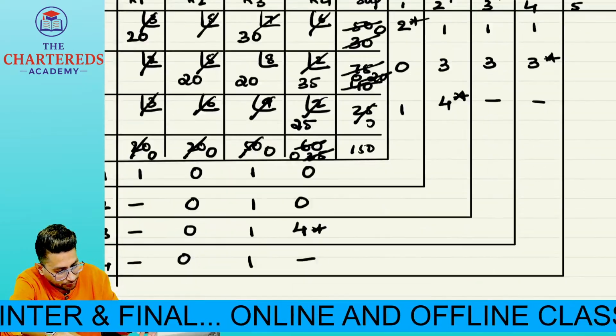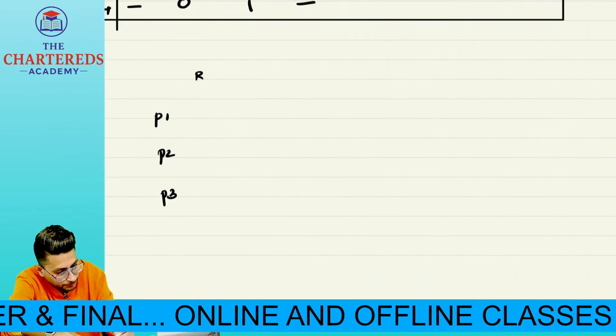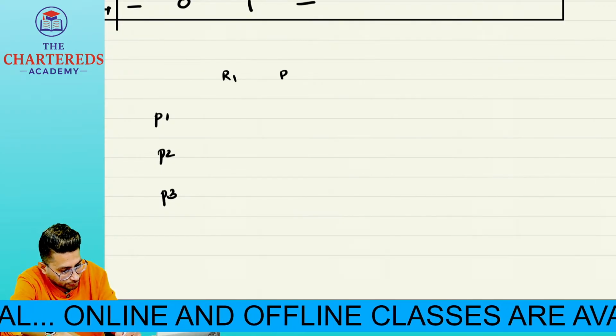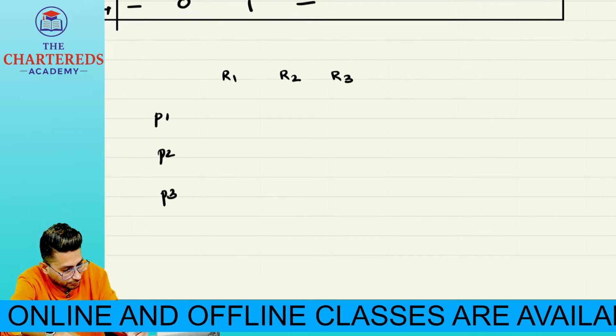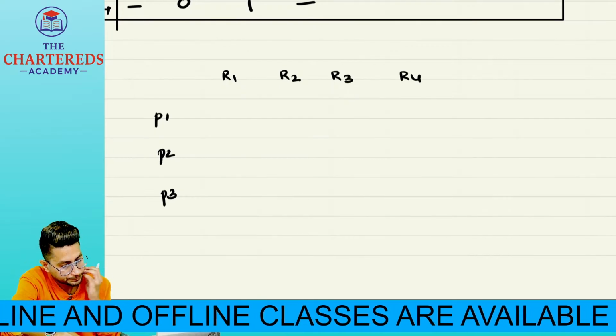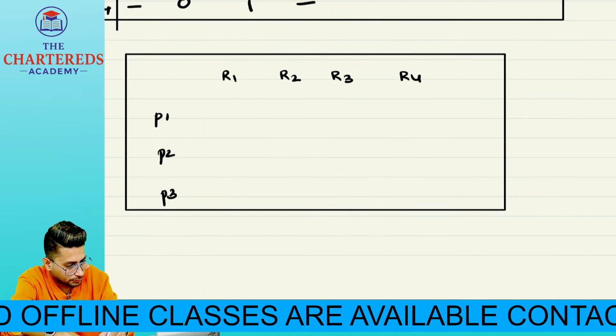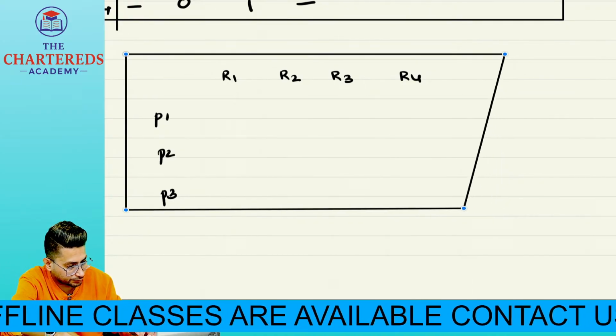And here we have R1, R2, R3, R4. Here demand and supply is not important for us.